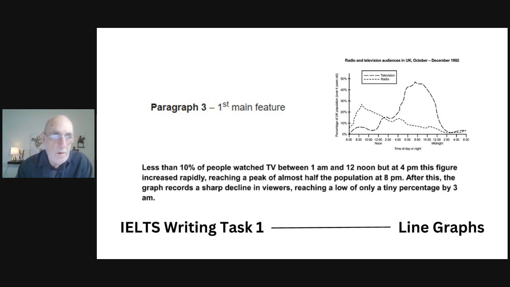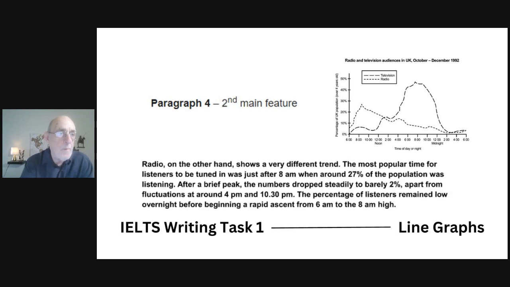And then in paragraph 4, we're going to deal with what happens with radio listeners. And we're comparing it to the TV because we say radio, on the other hand, had a very different trend. Rather than most of the listeners listening in the evening, they listen in the mornings.